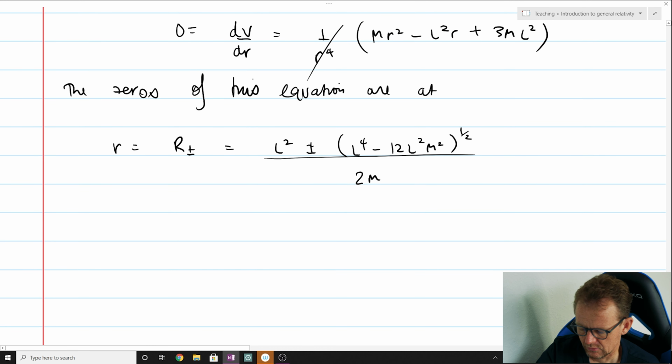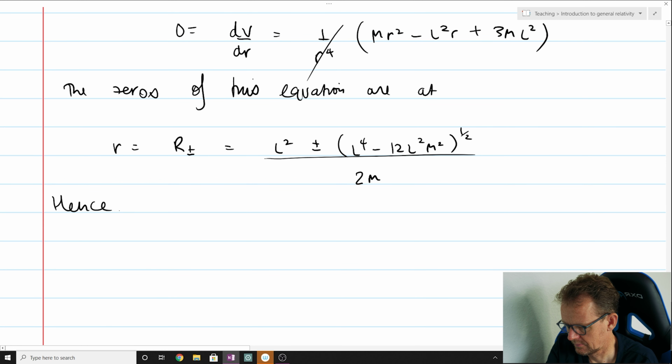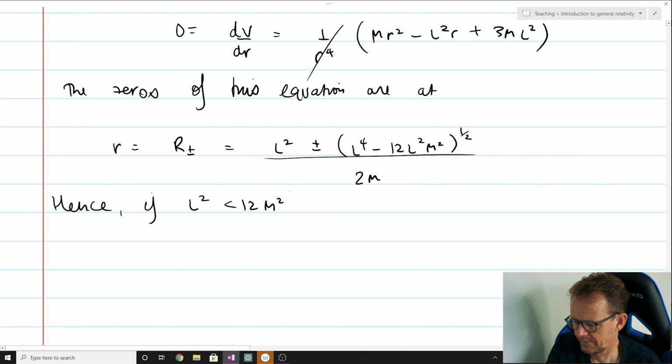And, well, when do we have two solutions and when do we have no solutions? Well, when the term in the square root here is negative, then we don't have any real solutions any longer. So in particular, if L squared is less than 12 times m squared, there are no extrema.